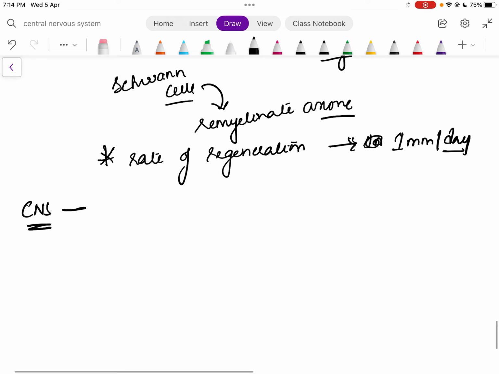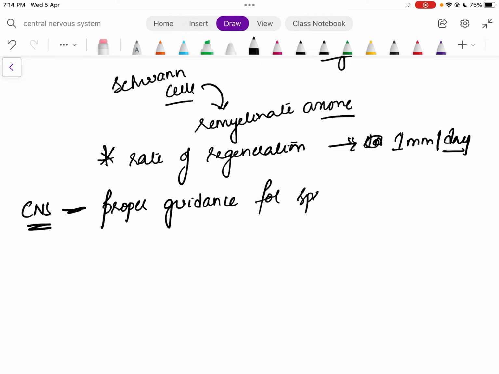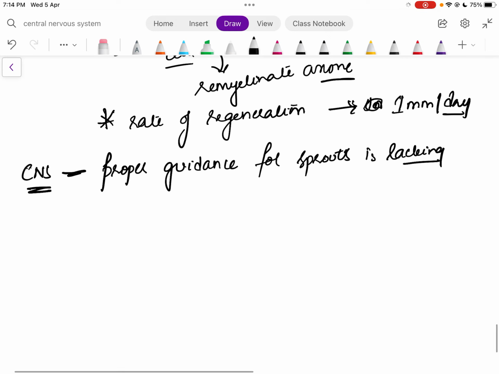There is no proper guidance for sprouts. If this is lacking, then they can't grow to the periphery and they cannot form any connections. So in CNS, if the neurons are damaged, then they are gone.